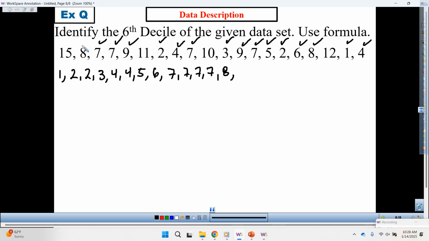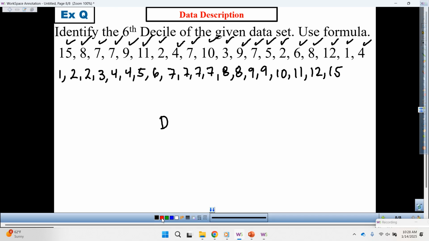Oh, there's 2 8s, sorry. 2 8s. 2 9s. 12, and 15. We good? All right.